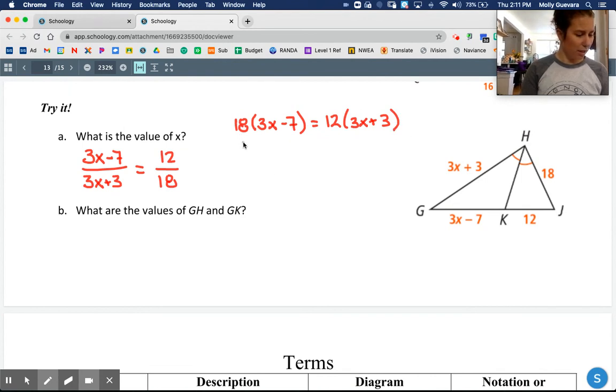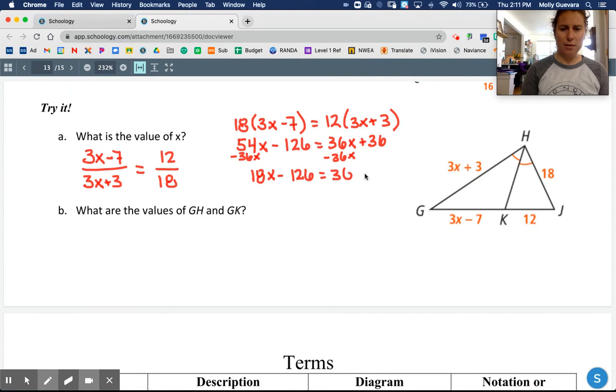Let's see here. 18 times 3 is 54, so 54x minus 7 times 18 is 126. And 12 times 3x is 36x. 12 times 3 is 36. Okay, I'm going to subtract my 36x from both sides, which leaves me 18x minus 126 equals 36.